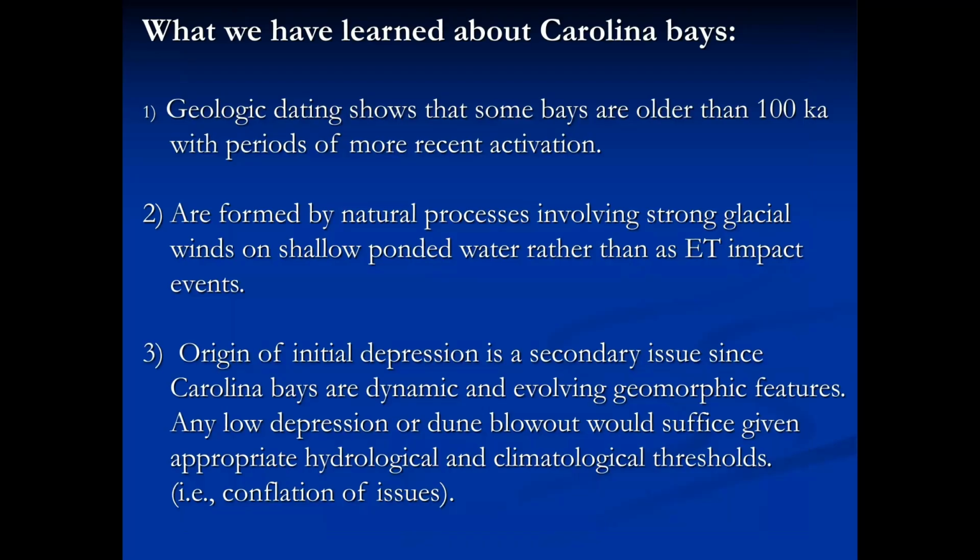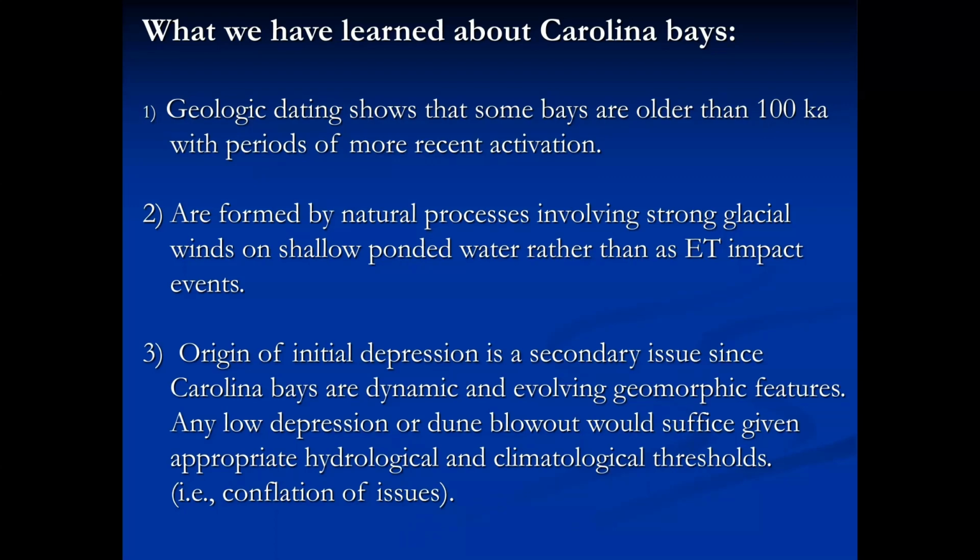So what have we learned about bays in all this time? We've learned that geologic dating shows that bays are older. Many of them are older than 100,000 years, with periods of more recent activation, such as the bay where the basin migrated and you get more rims being formed that are younger. They're formed by natural processes involving strong glacial winds on shallow ponded water rather than an extraterrestrial impact of a comet or asteroid. And the origin of the initial depression is secondary, since Carolina bays are dynamic, evolving geomorphic features.